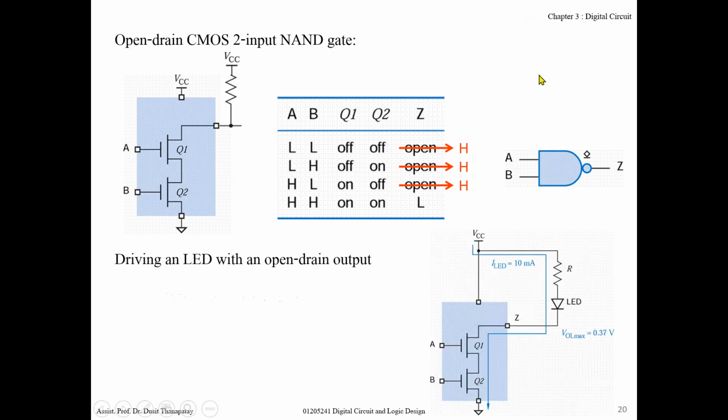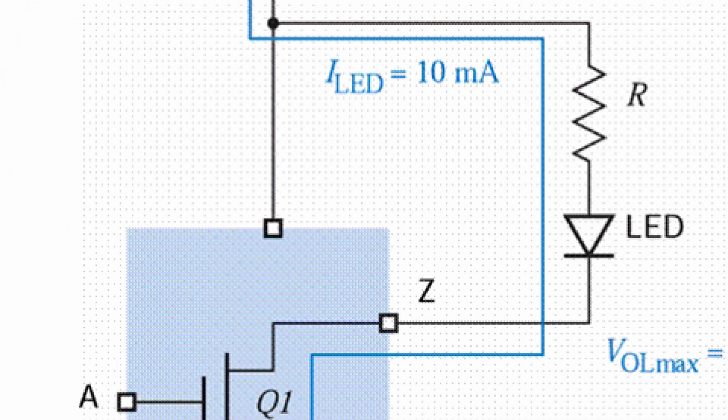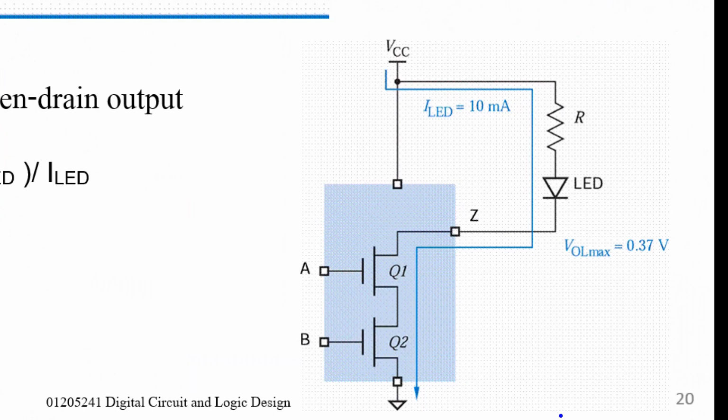For this one, for example, if you connect this resistor to an LED and want the current from the supply to go through the LED, the current must not exceed the amount that each transistor can stand.